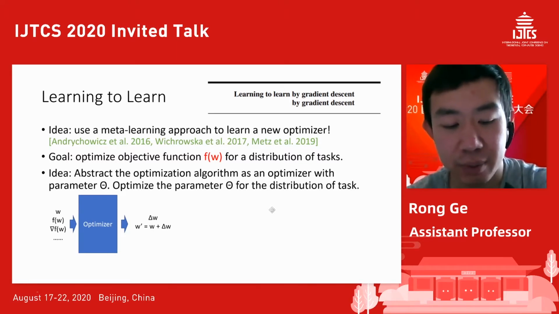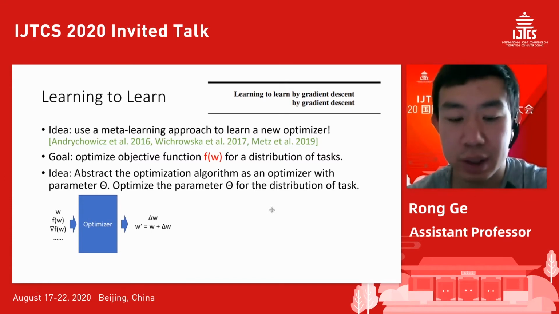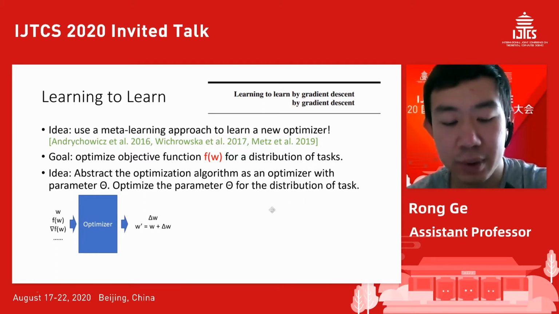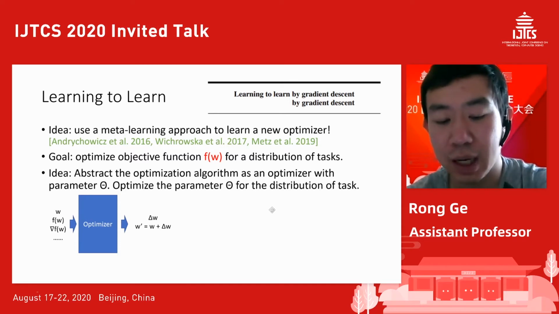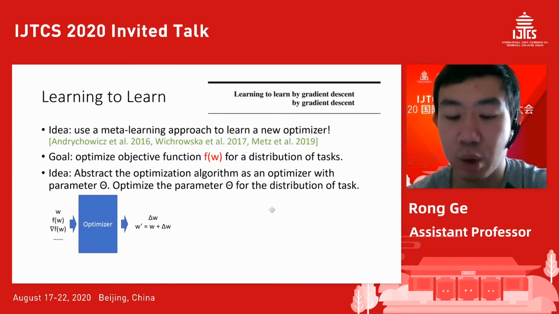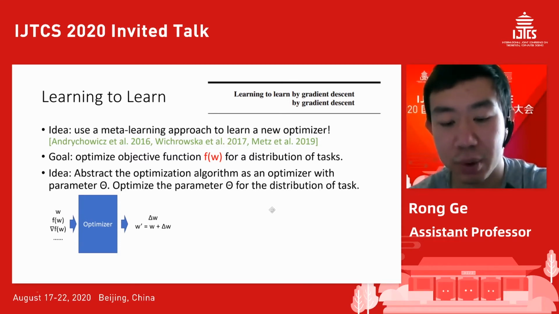Based on all of this information and the parameter theta, the optimizer is going to output a direction where you want to move, say delta of w. Once you have this delta of w, you can just move to your next point. The next point, w prime, is just going to be the current point w plus this delta of w.